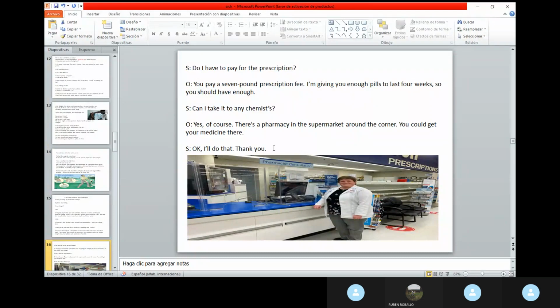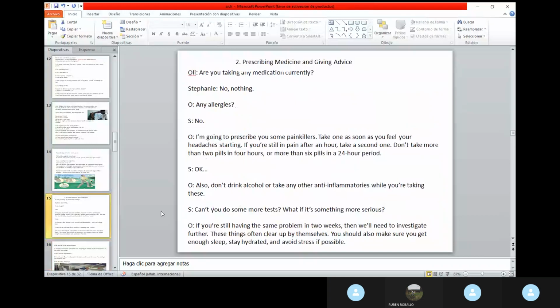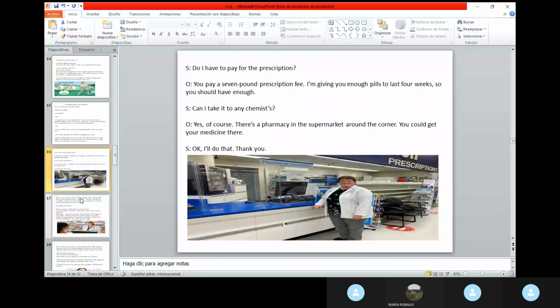Okay, this dialogue is about the prescription, about the doctor giving some advice or some medicine, and for how long, the period or time. Doctors can prescribe you medicine or other treatments.